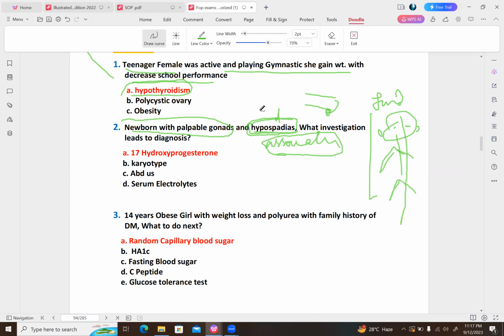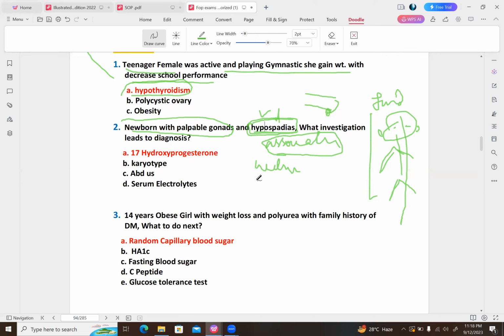Similarly, when I see hypospadias, I want to see the whole baby. There are several associations, and the one written in the books is Wilms tumor. In Wilms tumor, you can find aniridia, genitourinary malformation, and a syndrome called Denys-Drash syndrome. So you have an association of hypospadias with these three or four conditions I have mentioned.